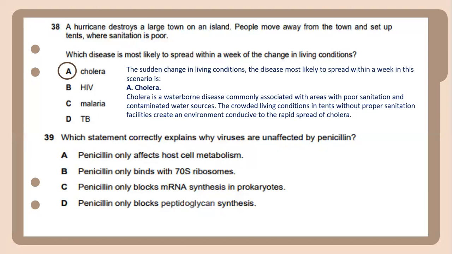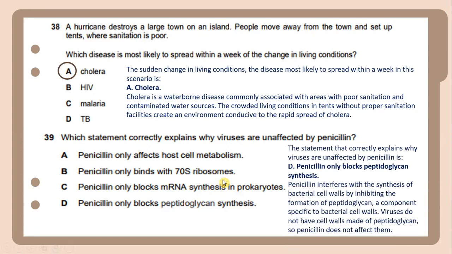Which statement correctly explains why viruses are unaffected by penicillin? The correct statement is D: penicillin only blocks peptidoglycan synthesis. Penicillin interferes with the synthesis of the bacterial cell wall by inhibiting the formation of peptidoglycan, a component specific to bacterial cell walls.